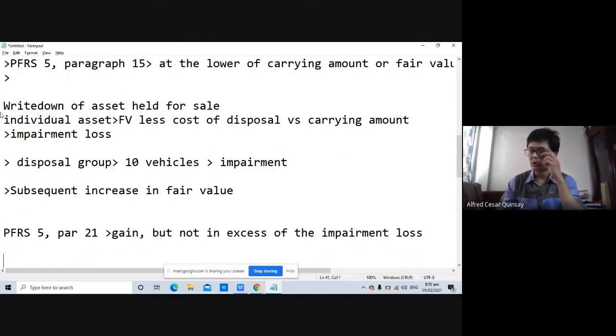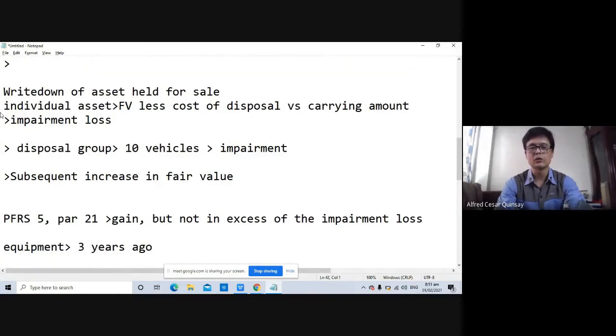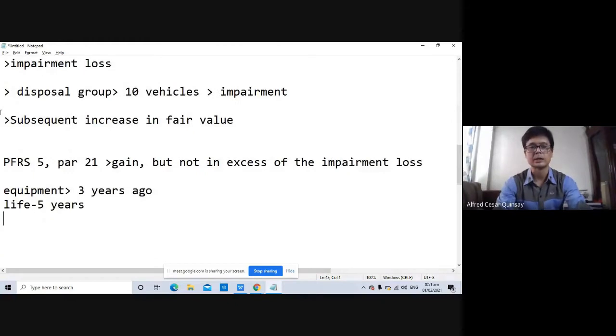Ano ibig sabihin nito? Halimbawa, let's say yung equipment, binili nila 3 years ago. Ang life ng equipment palagay natin nasa 5 years, at ang cost is 500,000 pesos.